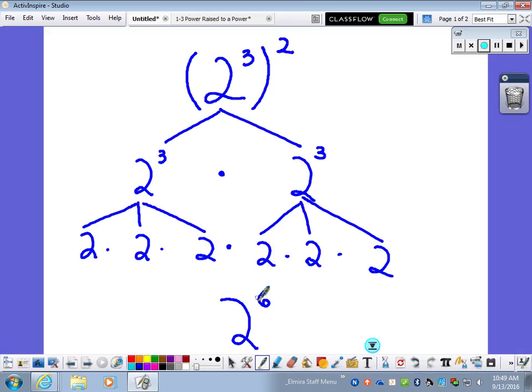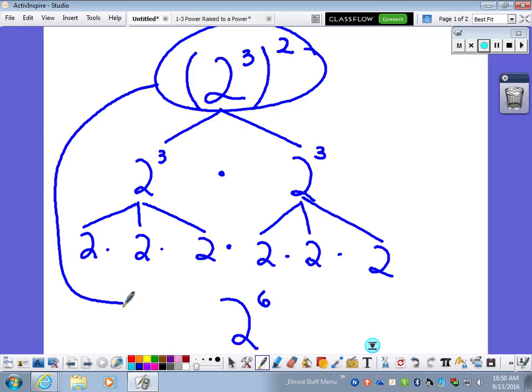My goal is to get you from here to here without writing out the expanded form. That's my goal.